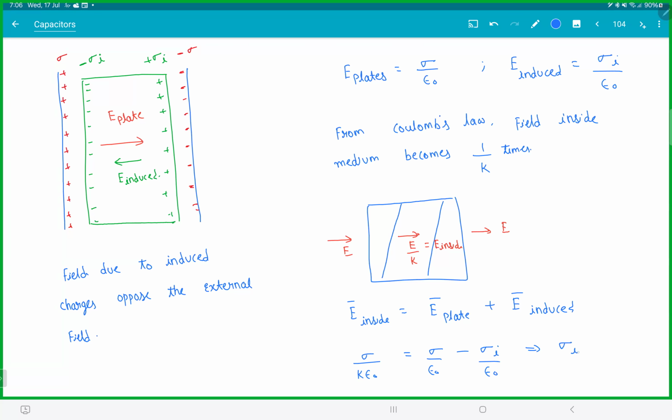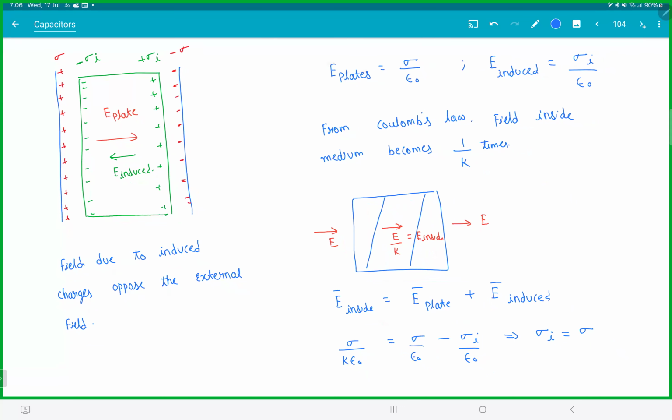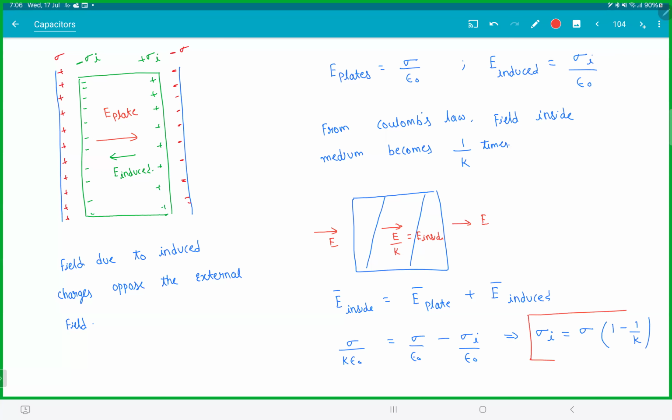From here we can see sigma induced will be sigma into 1 minus 1 by k. We derived the same kind of formula for the field due to the induced charges. This is the induced charge on the plates.